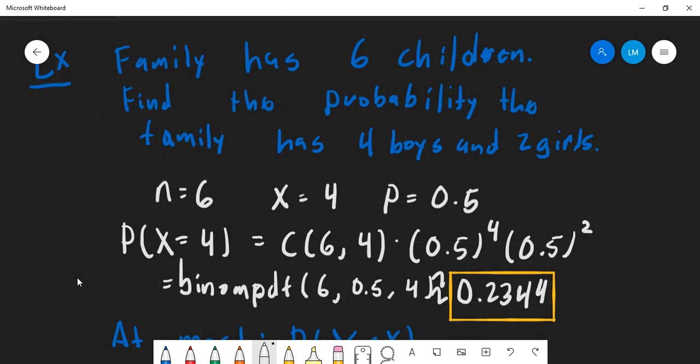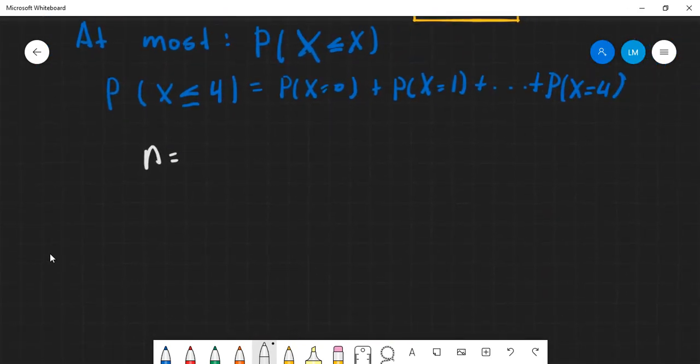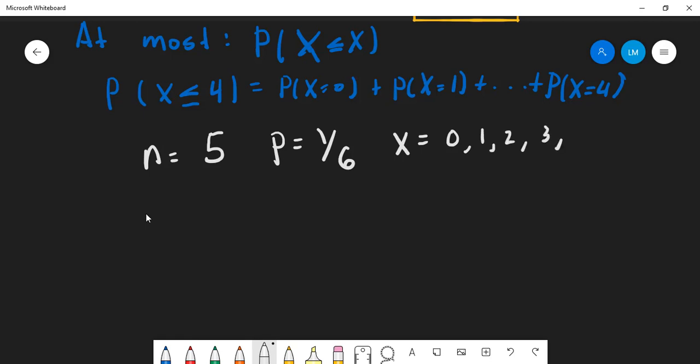Yeah, it was rolled 5 times. And the probability that it lands on my choice is going to be 1/6. And then we're saying at most 4, so that means 0, 1, 2, 3, and 4.